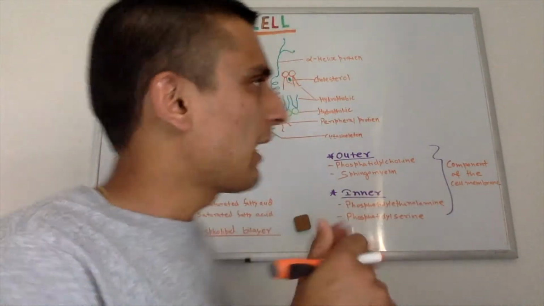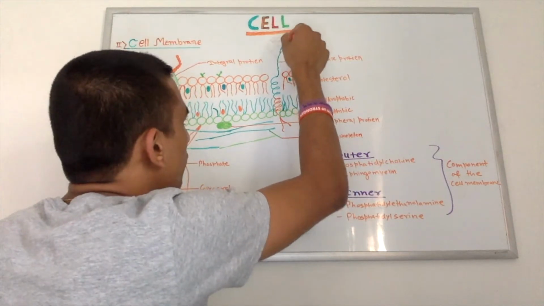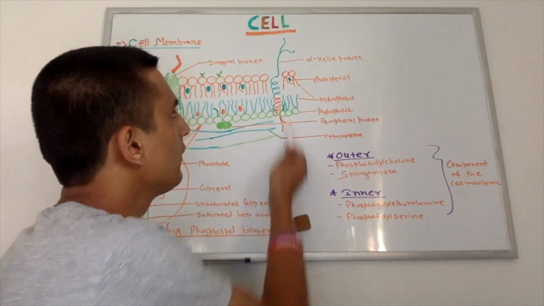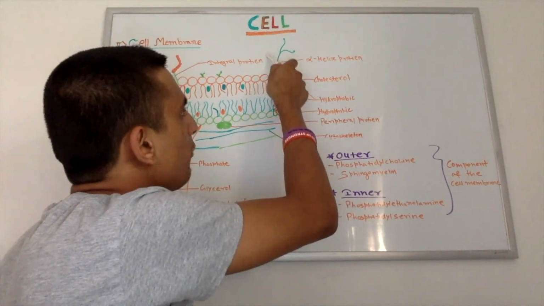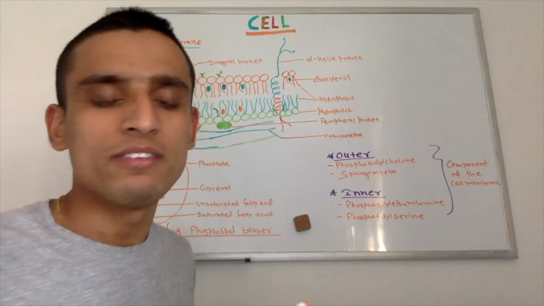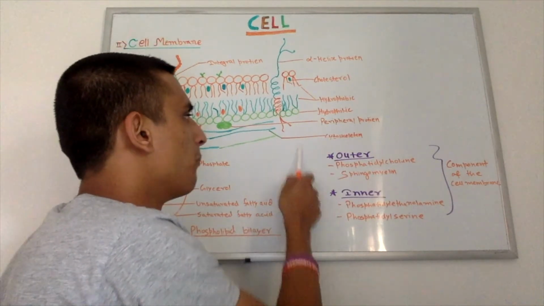Sometimes you may have a structure running from top to bottom, which may connect the cytoskeleton to the outer component. For example, collagen from the outer extracellular matrix to the inner cytoskeleton, and any other type of molecule.